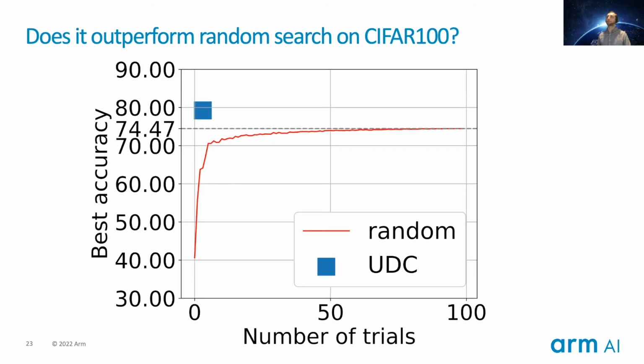But how fast does our algorithm discover these good models? What I'm showing here is the accuracy of discovered models by the two methods as a function of the number of trials, or the number of models evaluated. What we see here is that for the random search, obviously, as we sample more models, the best found model is more and more accurate. But interestingly, our approach is quite efficient.